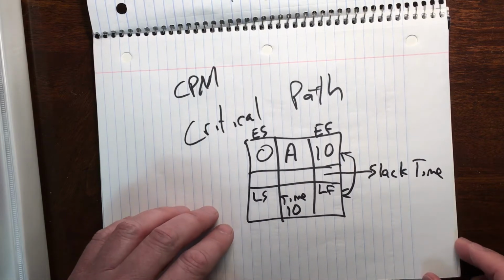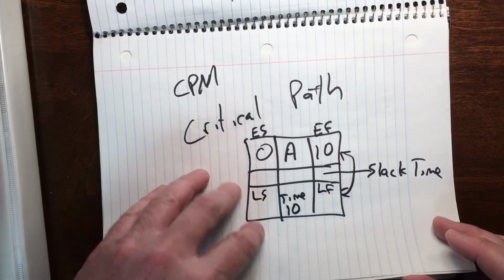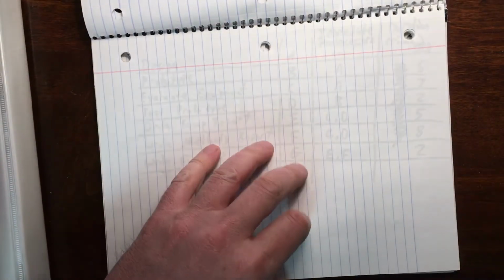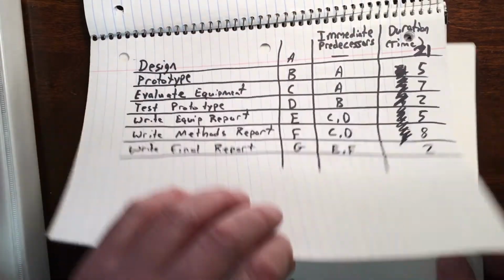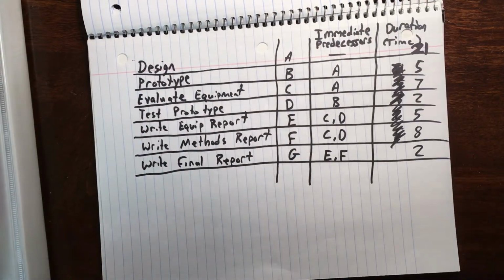Probably one of the best ways to do this is just to jump right in and do one. We have an activity here, or a project, that has been laid out for us in what we would call a project network, or a little activity breakdown.